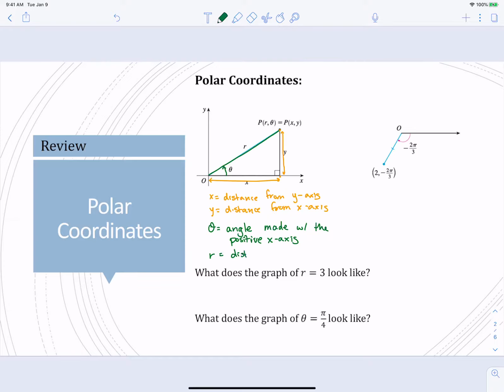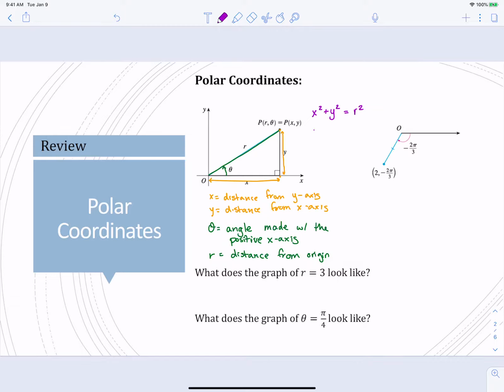What's nice about this is that theta starts with a t, so it's still in alphabetical order. That distance we are from the origin is first, and then that angle is second. And these, x and y and r and theta, are related in ways that I'm sure we're familiar with. We have created a right triangle here, and x squared plus y squared is equal to r squared.